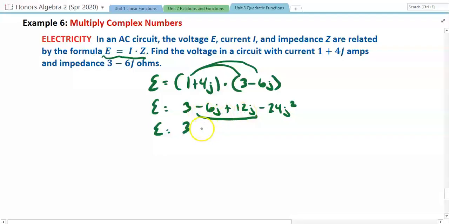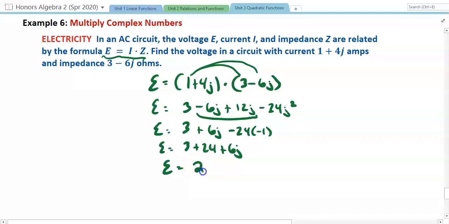So negative 6 and positive 12 would be a positive 6j. Remember that j squared, or i squared, is equal to negative 1, and so this is minus 24 times the negative 1. And so simplifying that, we're going to get plus 24 plus the 6j. And so our voltage is 27 plus 6j, or 6i.